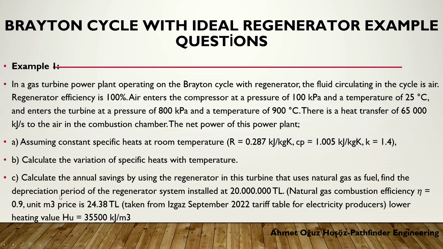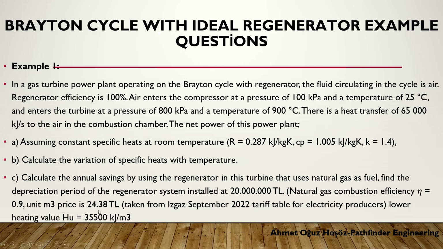The unit price per cubic meter is 24.38 Turkish liras, taken from the İzgaz September 2022 tariff table for electricity producers. İzgaz is a company which provides natural gas to the Turkish nation.